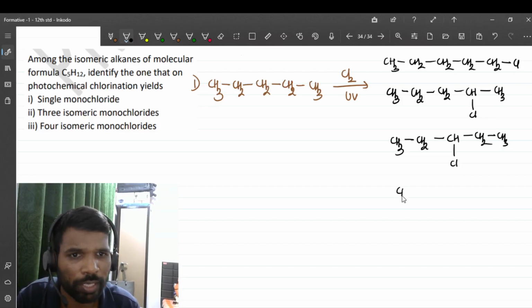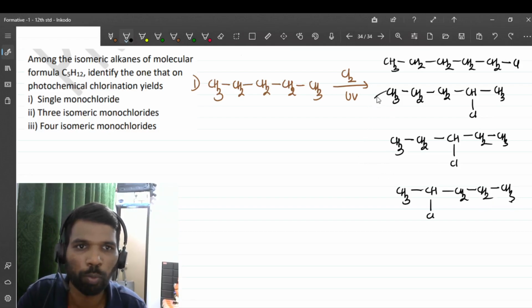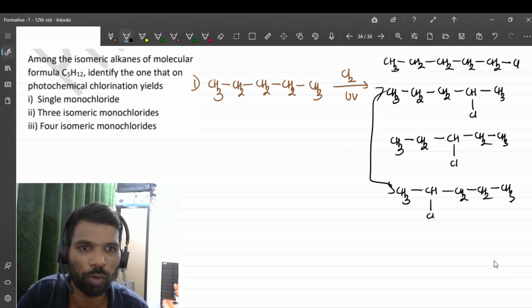Fourth possibility: Cl, CH2, CH2, CH2, and CH3. Both these structures are one and the same, so we will not consider the last one, because the last one and the first one are the same.